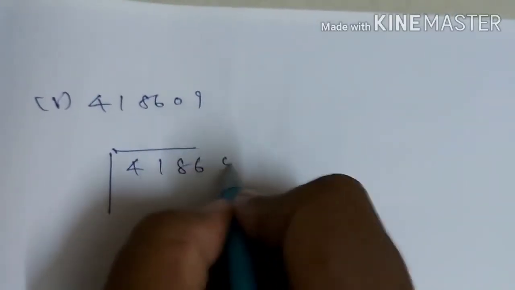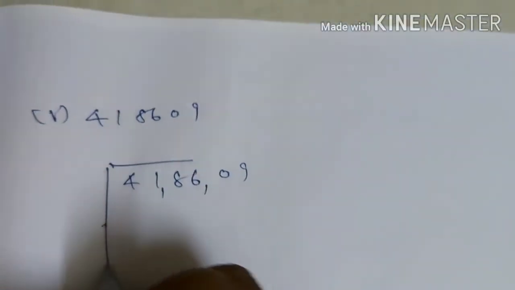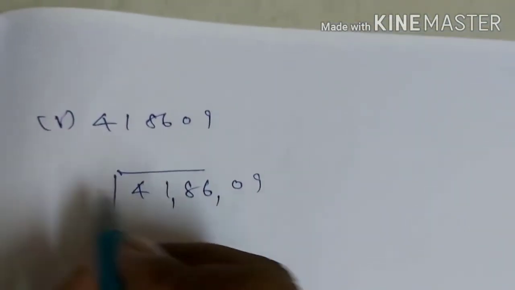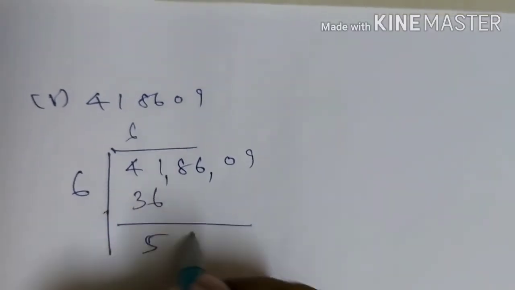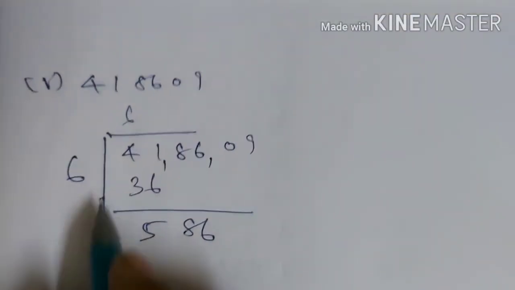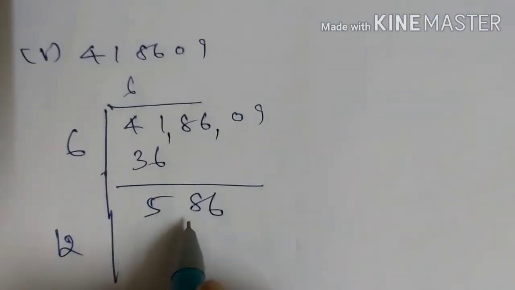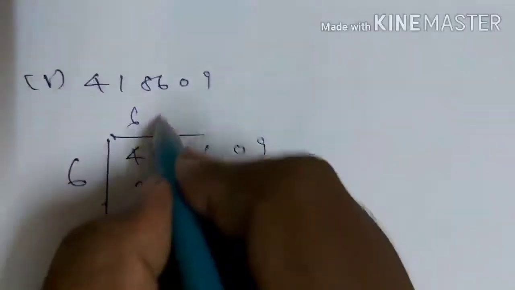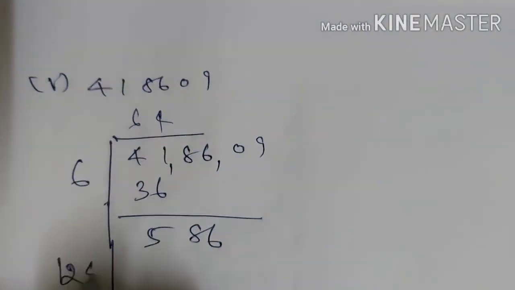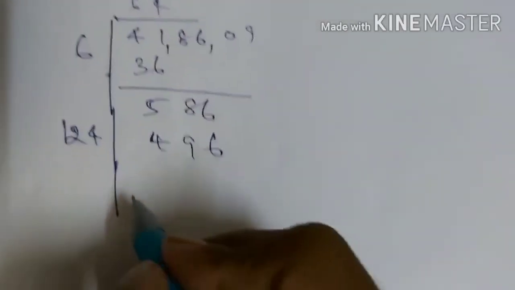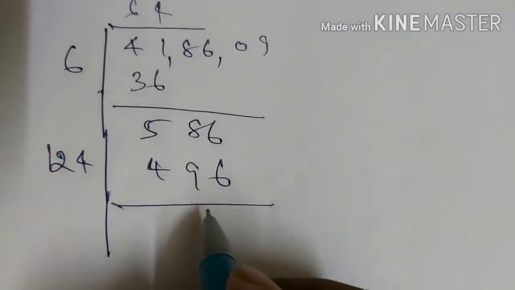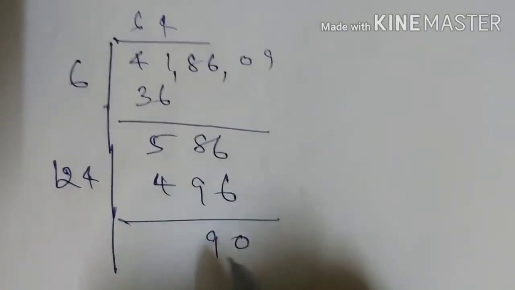Fifth one, 418609. See students, how I work it out, I segregate. So first 41, 6 6s are 36, 5, 586. 6 multiply 2 times 12. 6 coming means definitely 4 or 6. So I put 4.